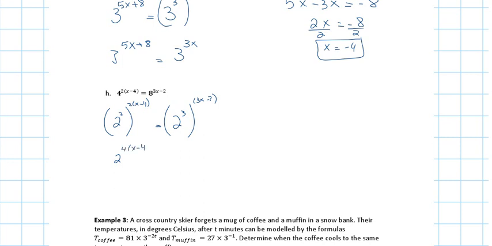Okay, so I'm multiplying the 2 by the 2, so that gives me 4. And then for this one, I'm just going to put the 3 right here. Are we okay with this so far?